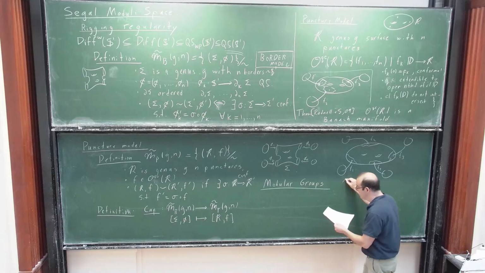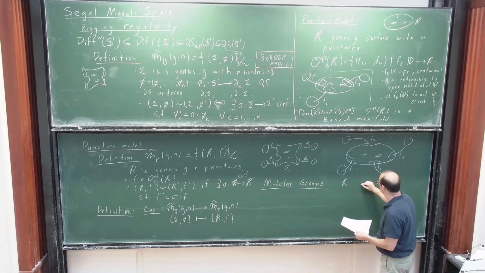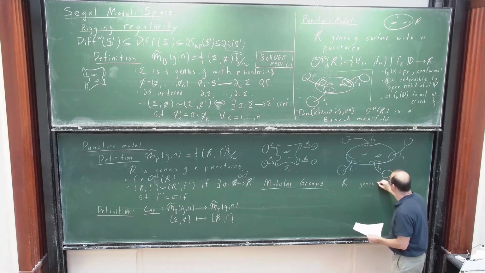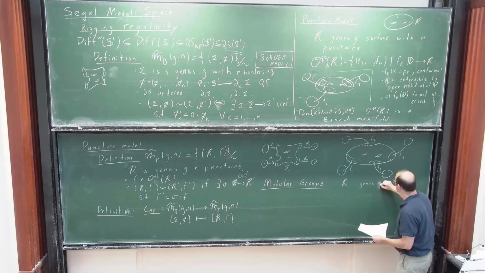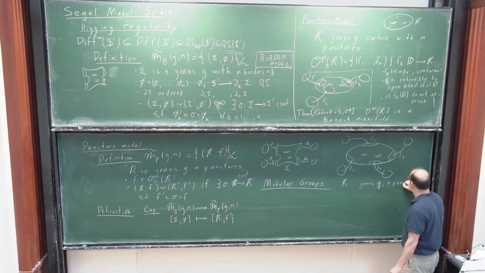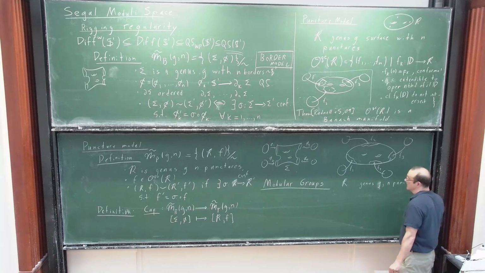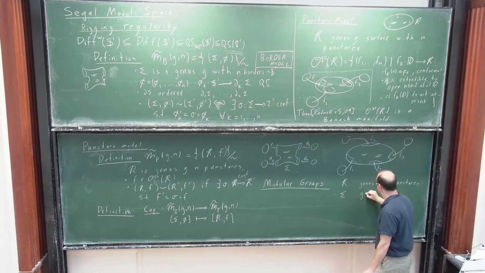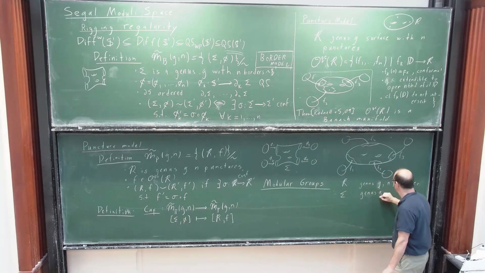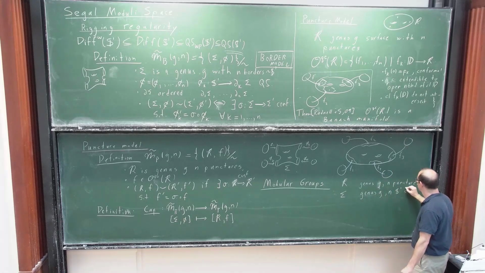I'm still going to use R to be genus G and punctures, and sigma to be genus G and S1 borders.